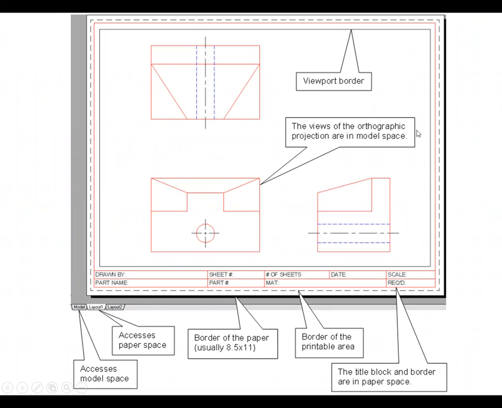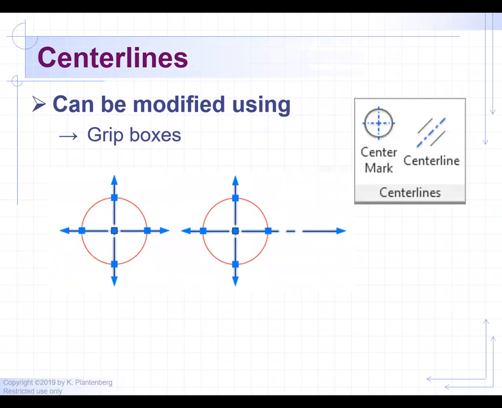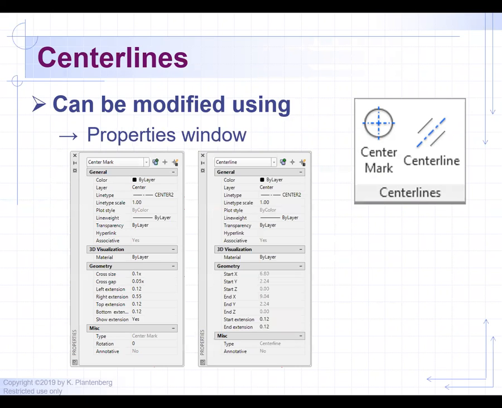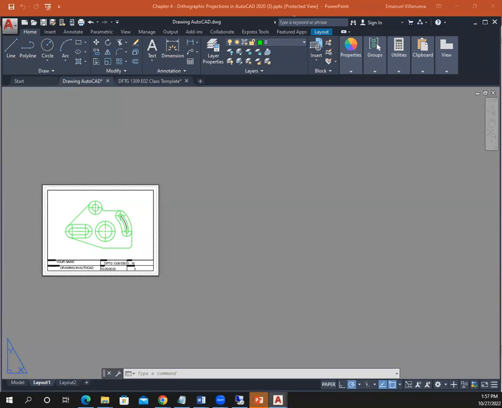And then the view of the orthographic projection in model space and the viewport. Center lines can be modified using the grid boxes and can be modified using the property window. And that's it for the chapter on orthographics.